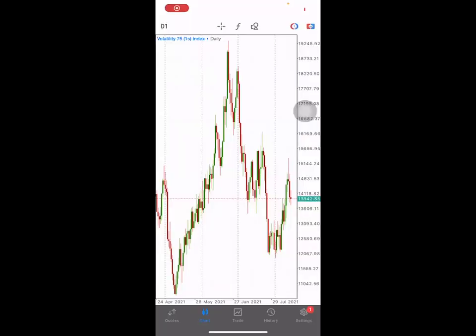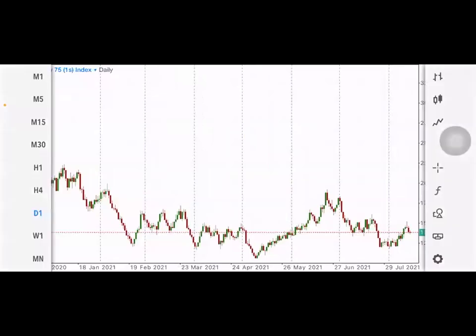All right, look at this. Look at volatility 75S. Pay close attention to this.